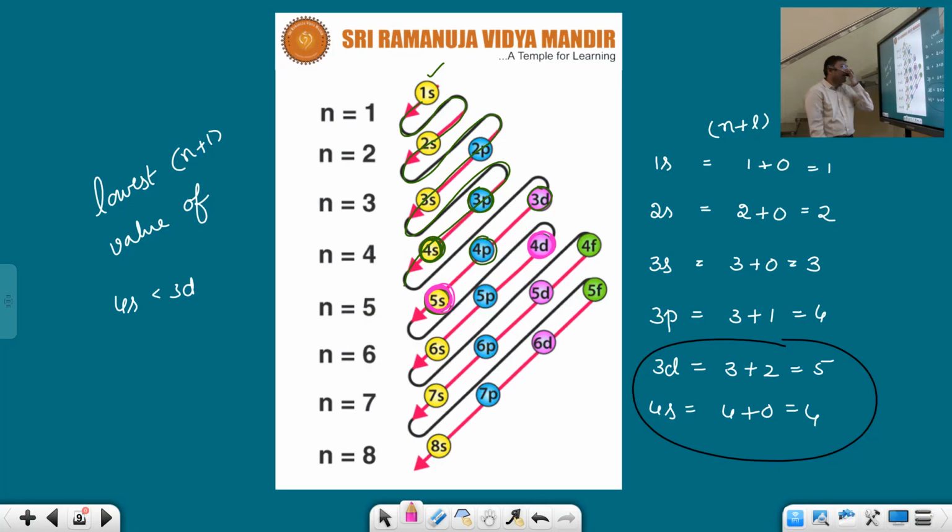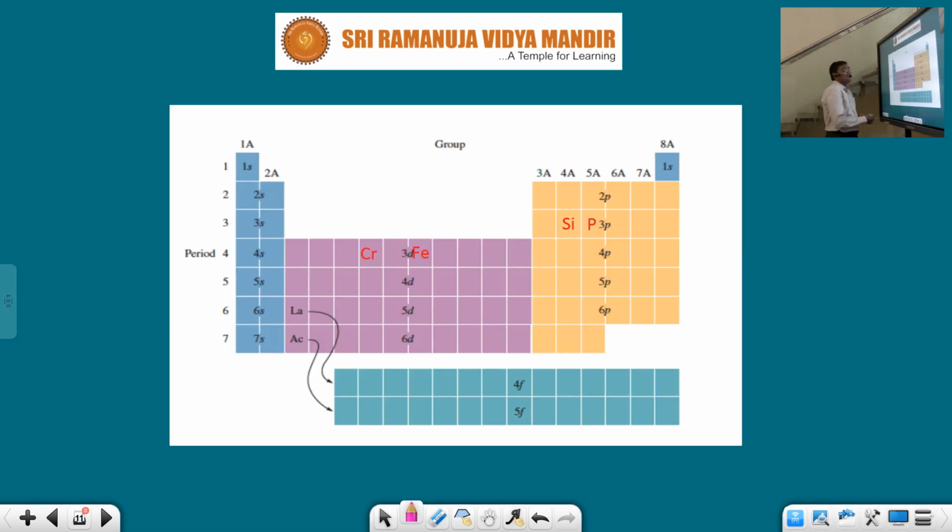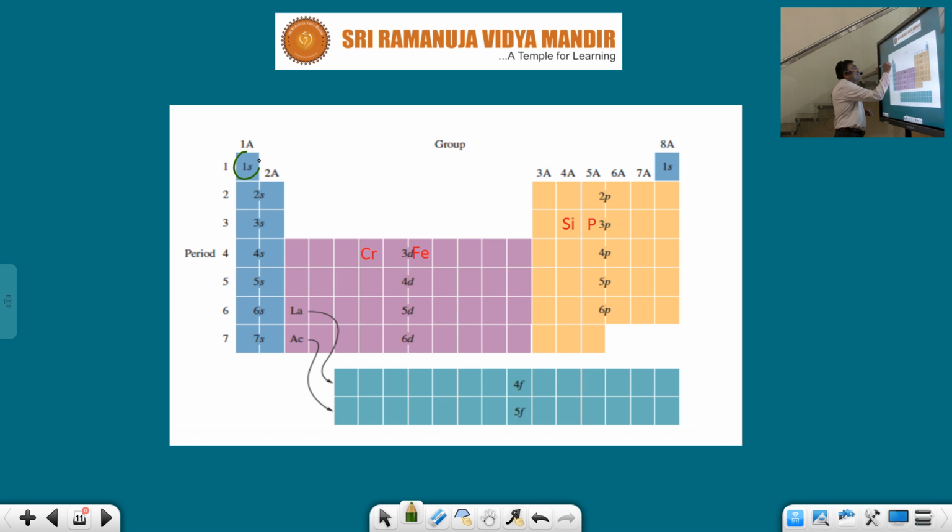Have a look here. Now, I am going to take you to the filling of electrons in the electronic configuration. Very interesting part. First, what will be filled? 1s will be filled first. So 1s1, 1s2 filled. Next, 2s1, 2s2 filled.